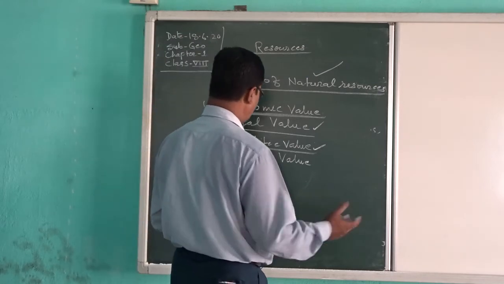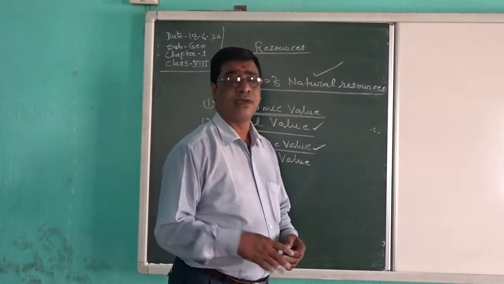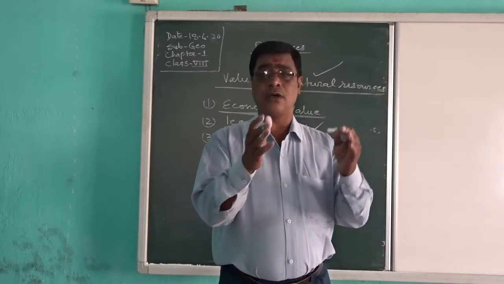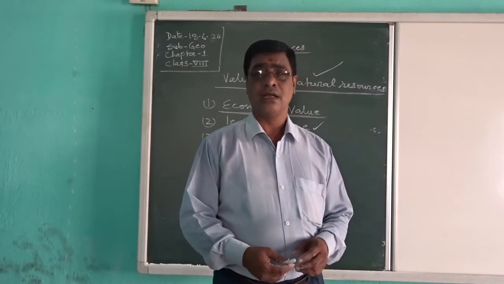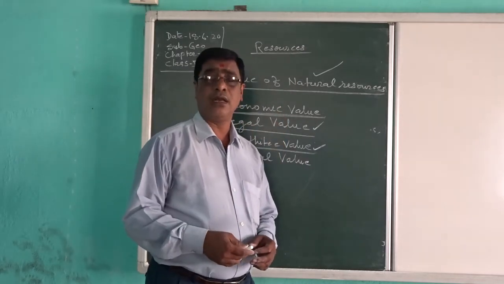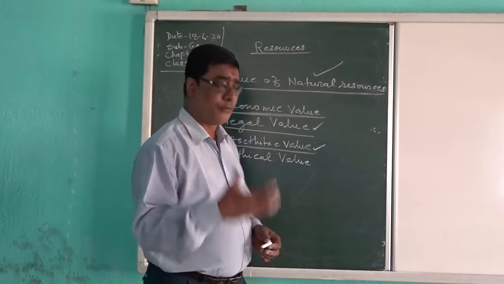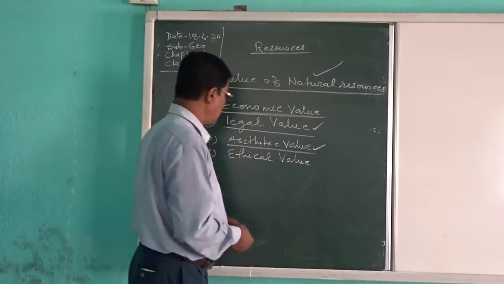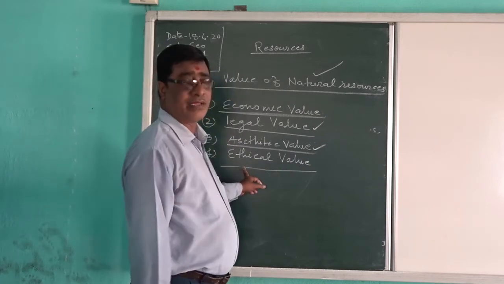We know that there are different species of flora and fauna found on our earth, different species of birds and animals, which can be categorized as extinct, endangered, etc. So it is the responsibility of the government as well as humans to form bird sanctuaries, etc., and protect and preserve them. So these belong to the ethical value.